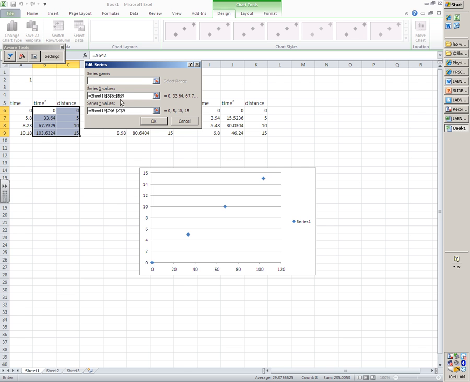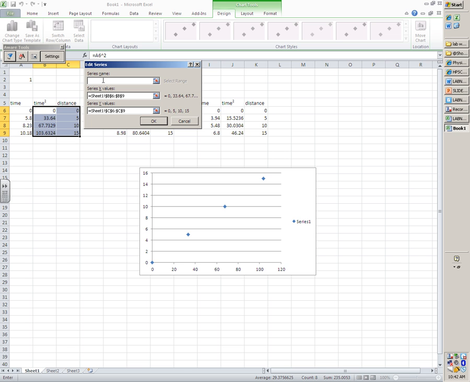Now, it's got these squares in here that tell me what I'm actually graphing, but up at the top square it says series name. So here's where we can distinguish one graph from another. So I believe, if I remember correctly, this data was from the person with the same mass who we used at different values.